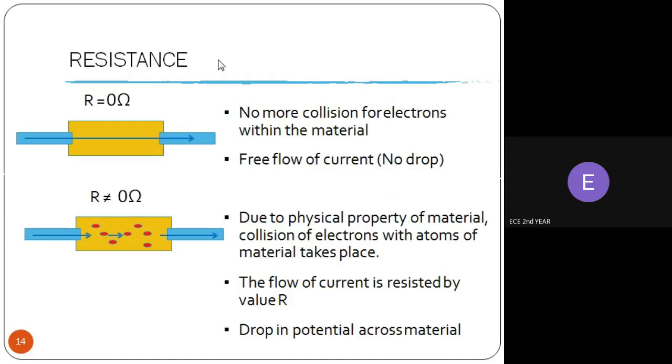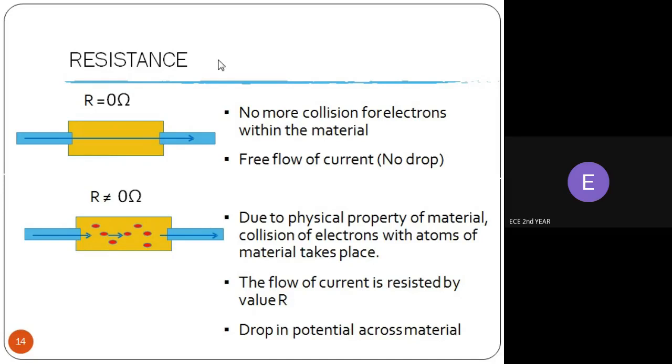Otherwise, the resistance value is not equal to 0 ohms. Due to this physical property of the material, collision of the electrons with the atoms of the material takes place, which drops the flow of current. The flow of current is resisted by the value R, and there is a drop of potential across the material.